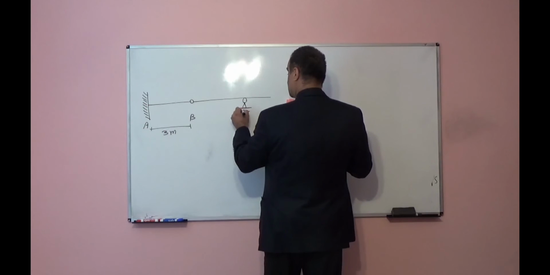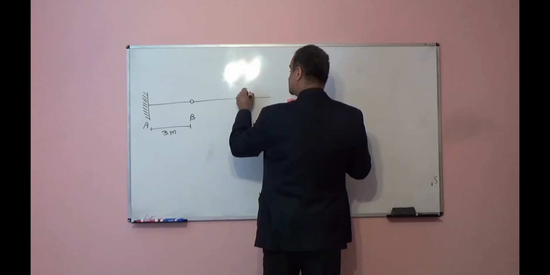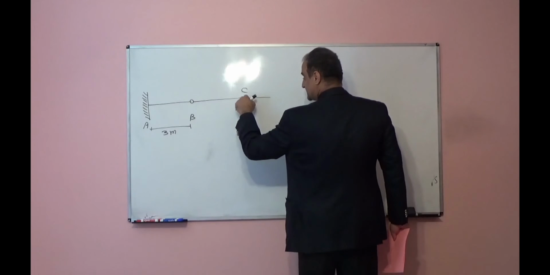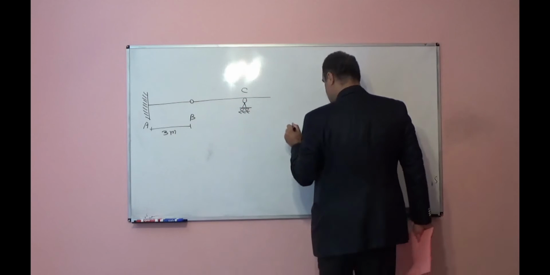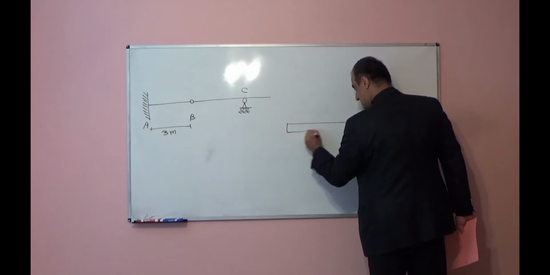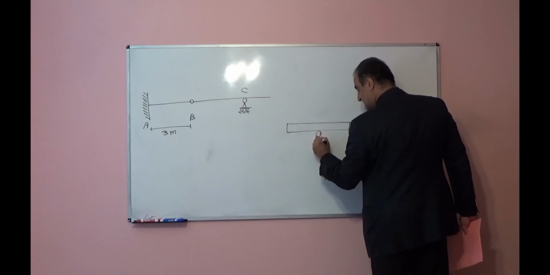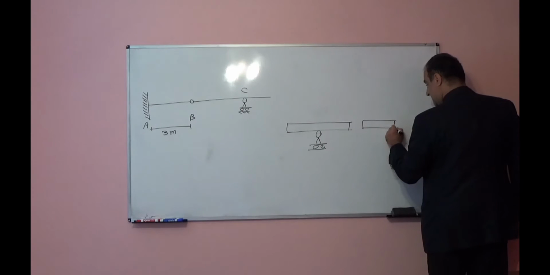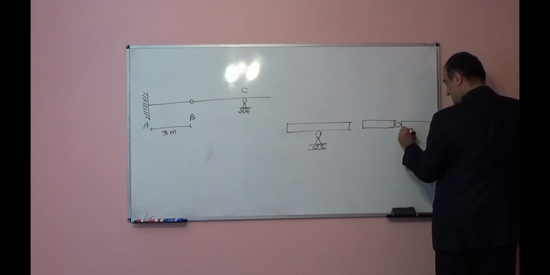Here, point C, pay attention. Beam continuously passes from point C. So beam is continuous, C hinge is here. The concept of this is different from this. Compare.